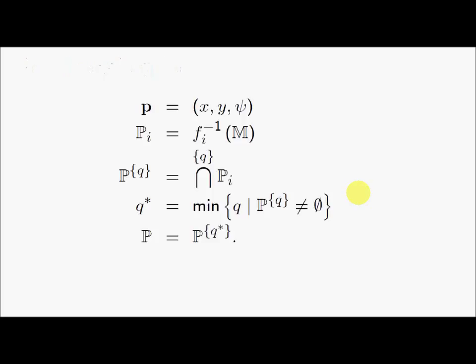What about the localization? The unknown will be x, y, and psi, where x, y corresponds to the horizontal position of the robot, and psi corresponds to the heading. Then I will denote by P the set of all p that are consistent with the map, but also with the function f_psi.